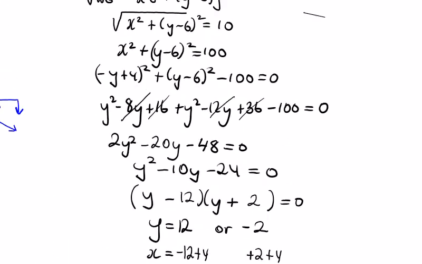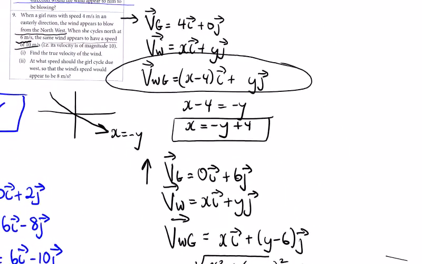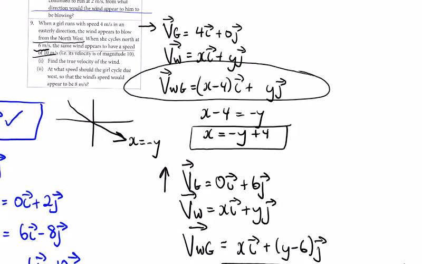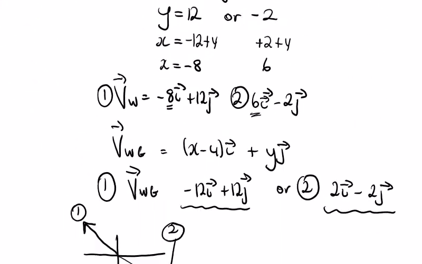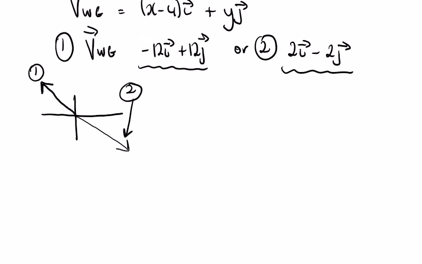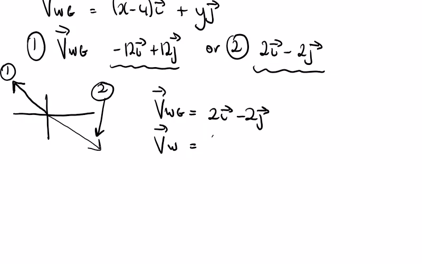So it's coming from the northwest, I think. It's appearing to blow from the northwest for this one. So appearing to blow from the northwest is number 2. So the velocity of the wind relative to the girl in this scenario is 2i minus 2j. And the velocity of the wind, I think it was 6i minus 2j, was it? 6i minus 2j.